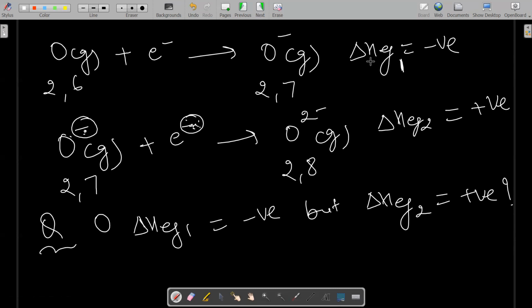So what we can say, electron gain enthalpy is negative, but it can be positive also. Even in all cases, if we are adding the first electron, that is negative, but for the second, third, and fourth electron, when we add them, the second electron gain enthalpy will be positive, and the third also, due to repulsion between the negative charges.